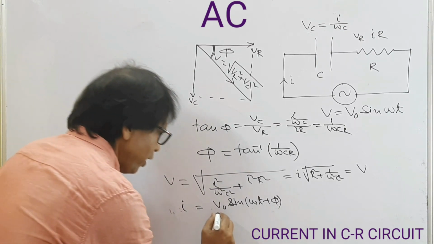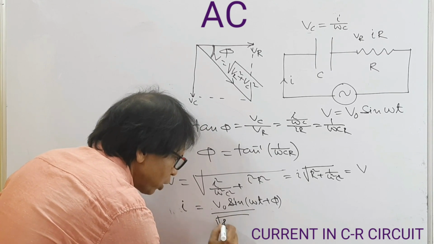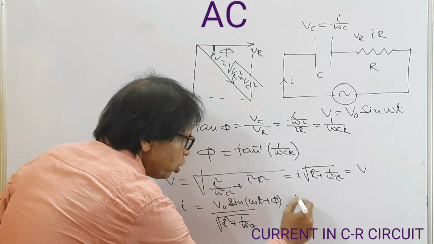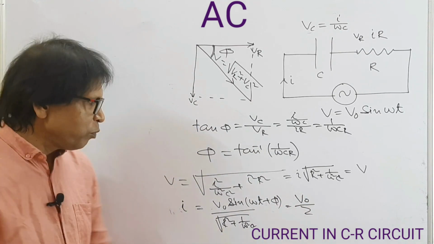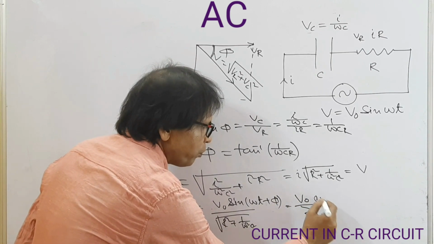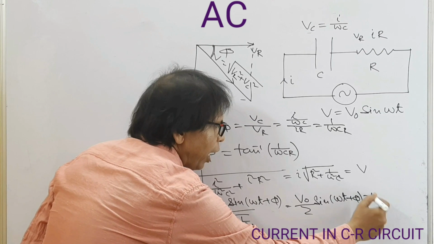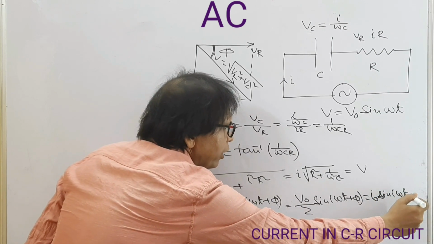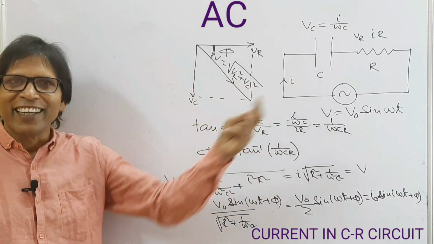This is divided by root under of R square plus 1 by omega square C square. So this is V naught by Z, the impedance of the RC series circuit, into sine of omega t plus phi. So I naught sine omega t plus phi is the instantaneous current in the RC series circuit.